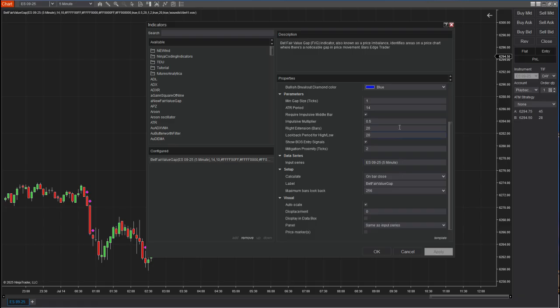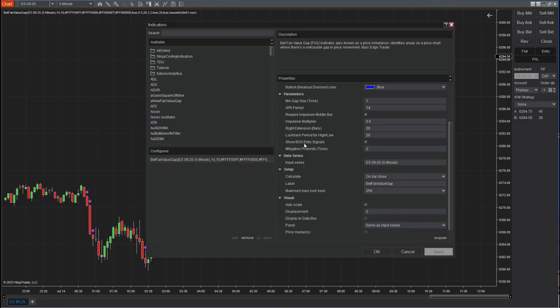This is the multiplier. You can change that. We don't like cluttering the chart, so we try to remove those rectangles as much as we can. So that's basically just us having a way to remove them.